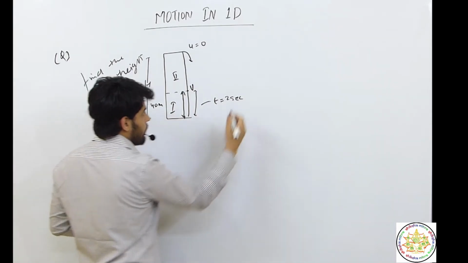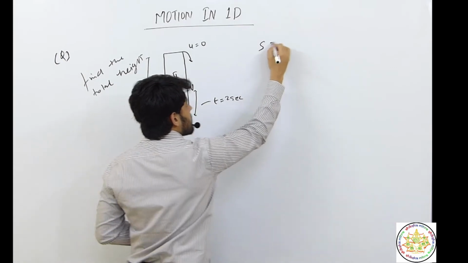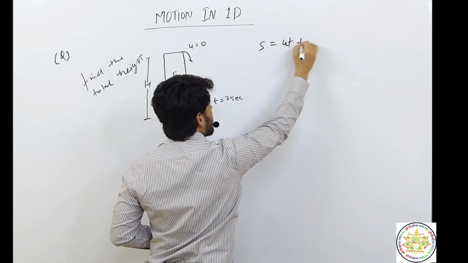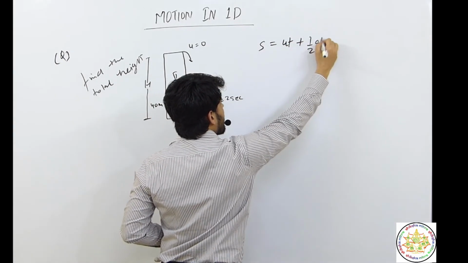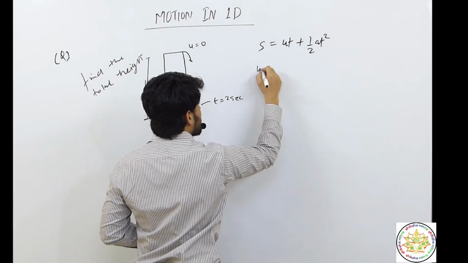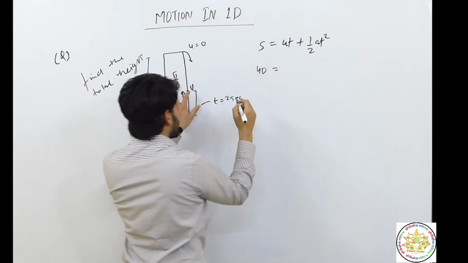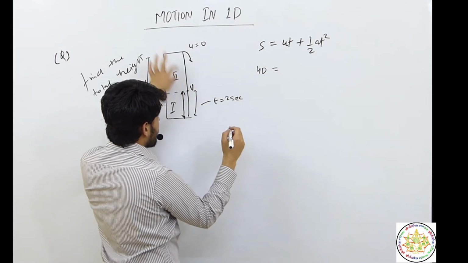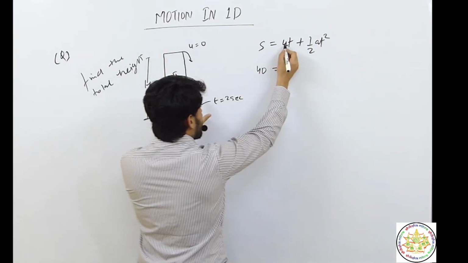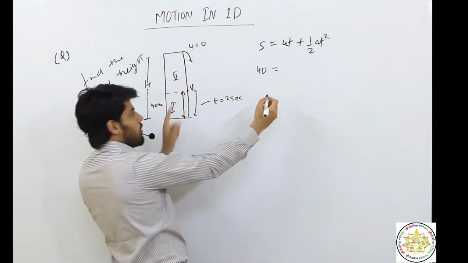So over here if we use the second equation, s is equal to ut plus half at square, s is 40. Initial velocity for this case is the final velocity of the second case, so initial velocity is taken as v only.